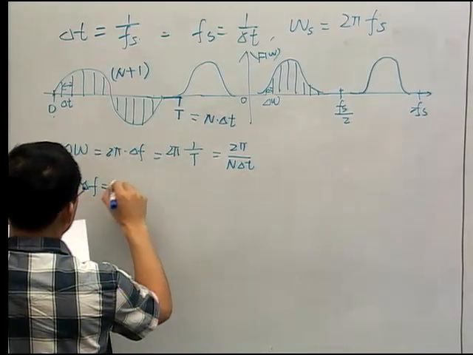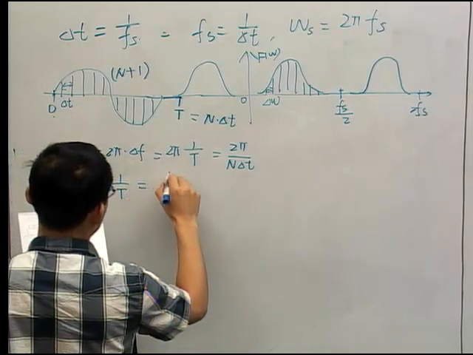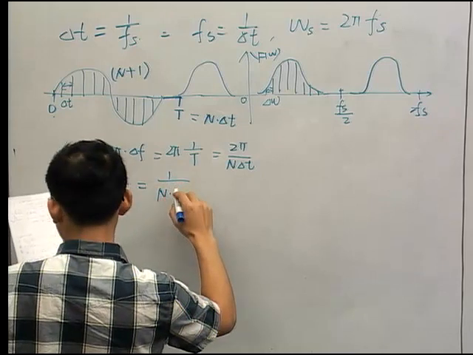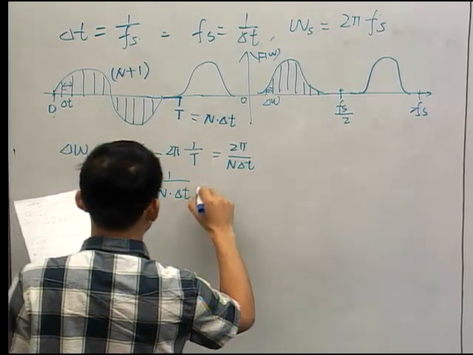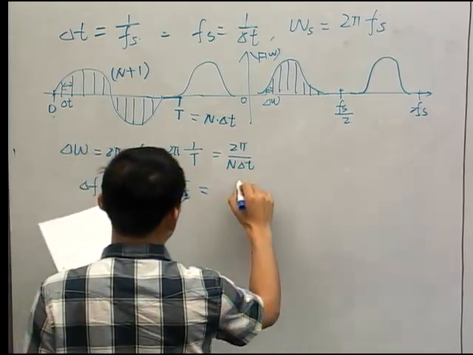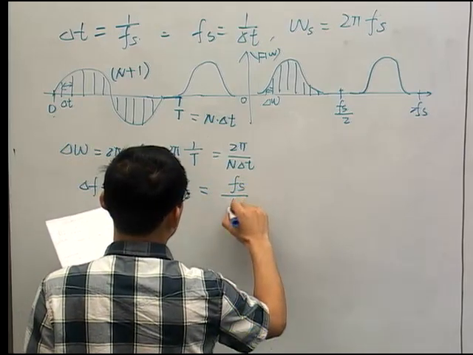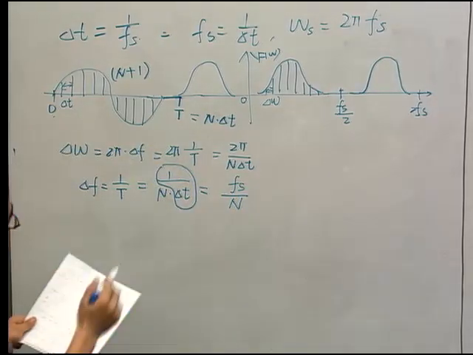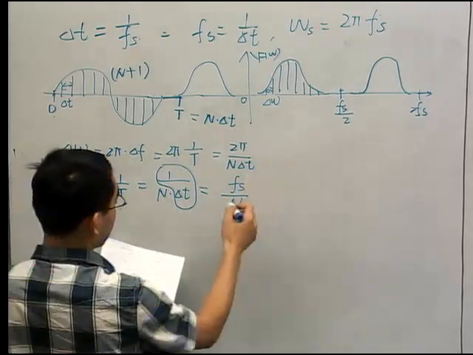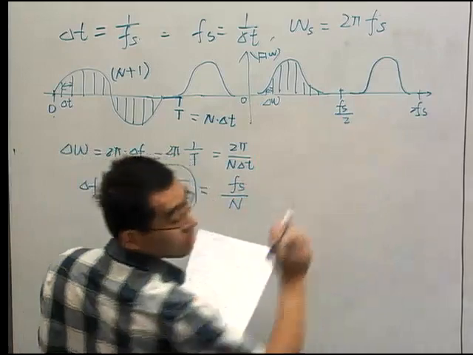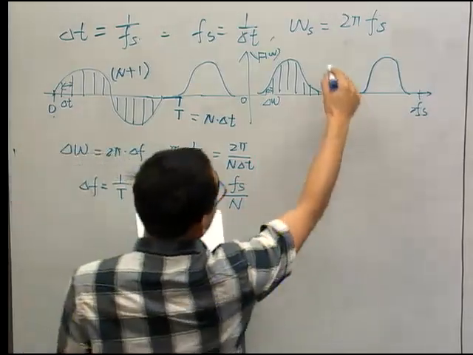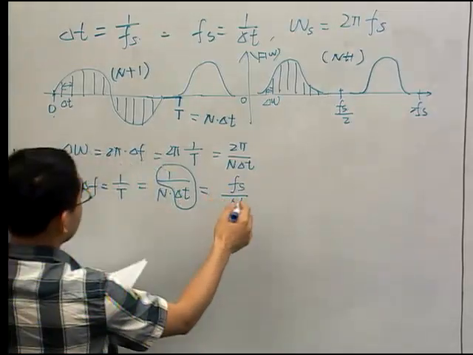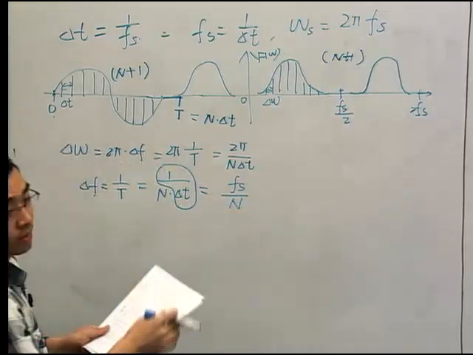Also, the delta f is equal to 1 over t, that would be 1 over n times delta t. The 1 over delta t is fs, right? So that's fs over n. So you have n plus 1 points here also, with n intervals. So that's delta f equal to fs divided by n.